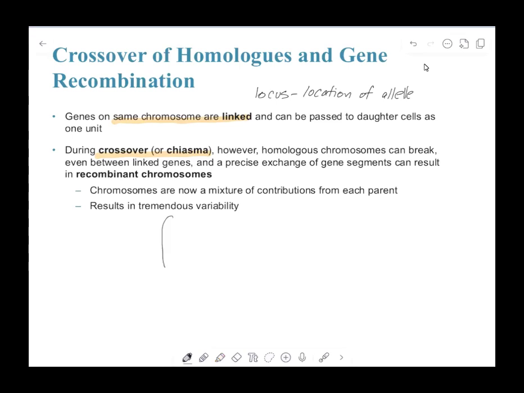For example, if we have one gene or one allele here, closer to the centromere, and another one also, there is less chance of crossing over or chiasma occurring just because they're closer to each other. So the further away they are on the chromosome, the greater the chance that the crossing over could occur.